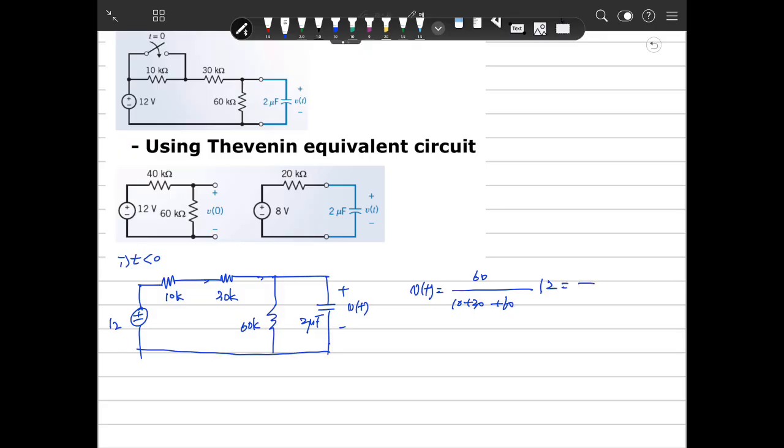This is quite simple: 60 over 100 times 12 is 7.2 volts. So we know that v(0 minus) is the initial condition here, 7.2.